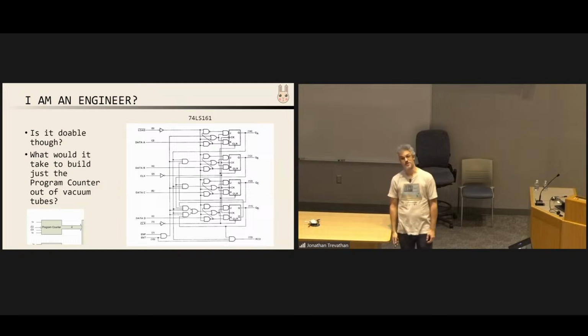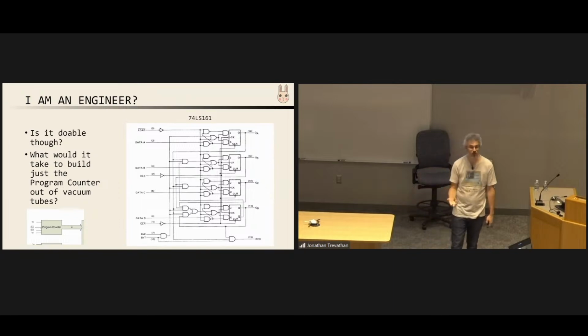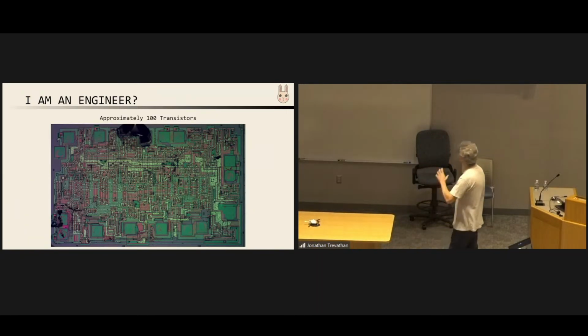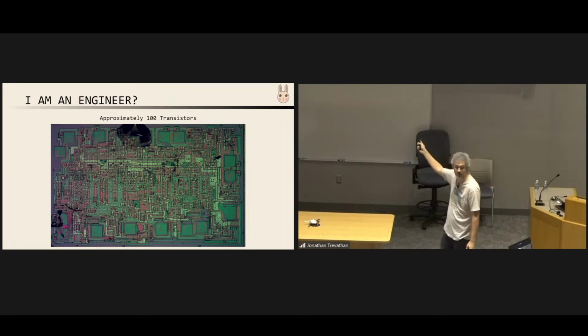That's a lot of effort to build just that out of vacuum tubes, because each logic gate is often going to involve one vacuum tube, and tubes are big and heavy and hot. So that chip has around 100 transistors, maybe more, maybe less. I didn't count, but that's the die shot of the chip.